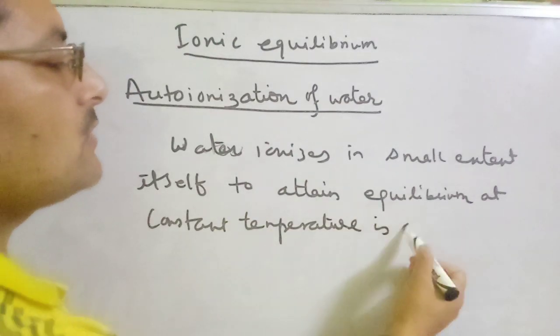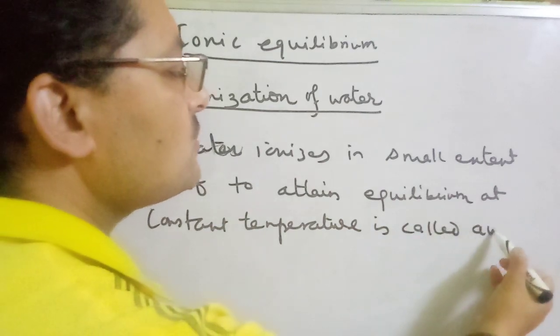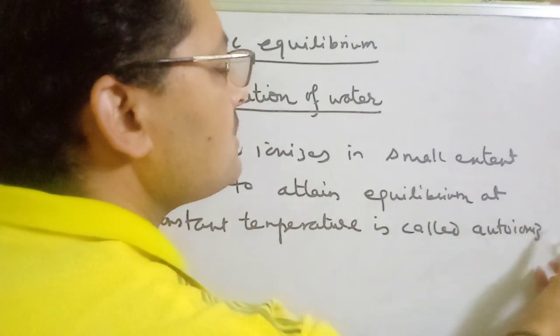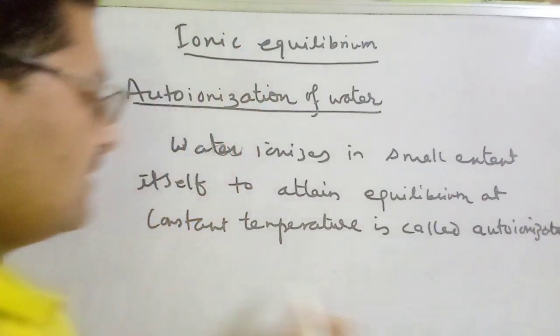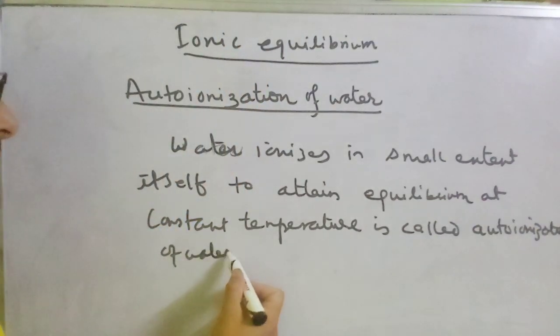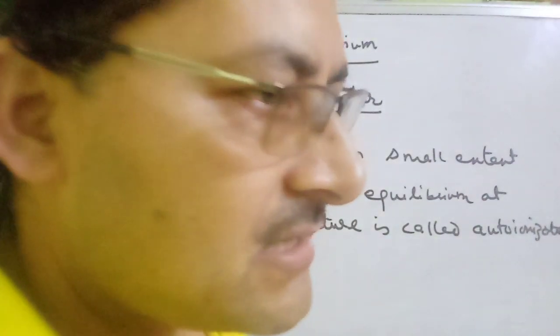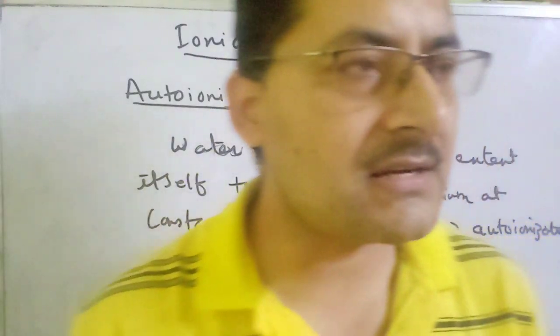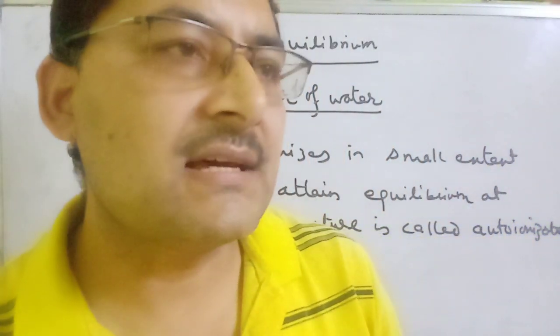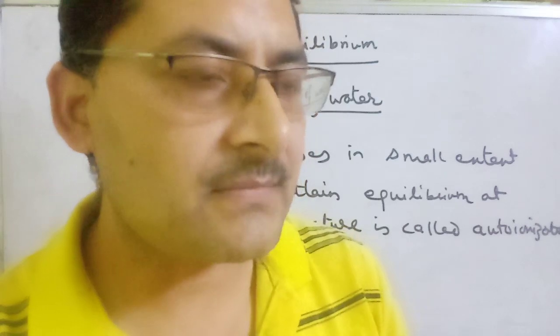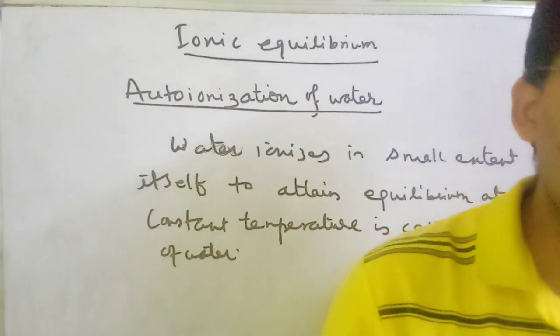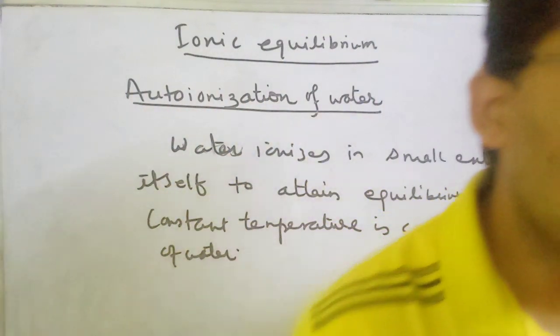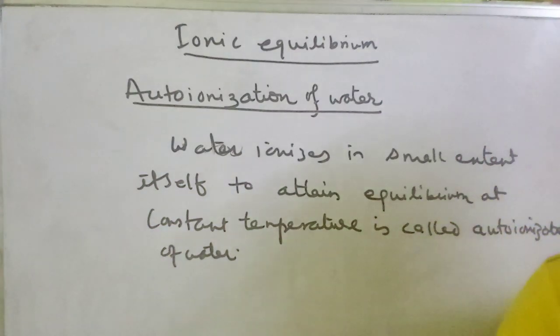This is called autoionization of water. Water is a weak electrolyte, but it also ionizes to a very small extent, and it attains equilibrium with unionized water. This kind of process, where water ionizes itself, is called autoionization of water.